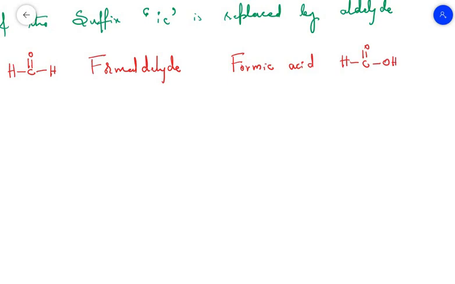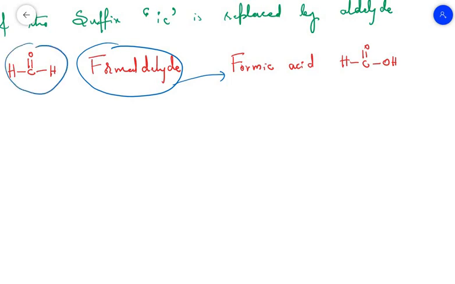Since this compound on oxidation gives formic acid, its name is formaldehyde.